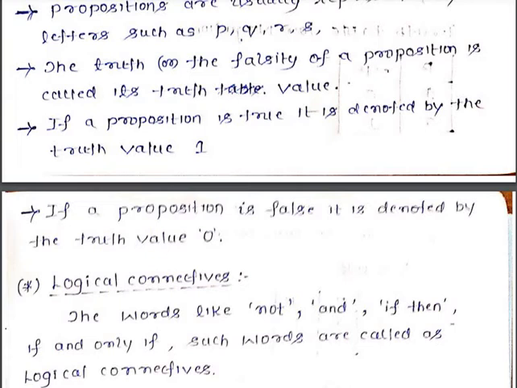What are logical connectives? We can use not, and, if then, if and only if. Such words are called logical connectives. Logical connectives are the connectives that help to join or combine two or more simple propositions.